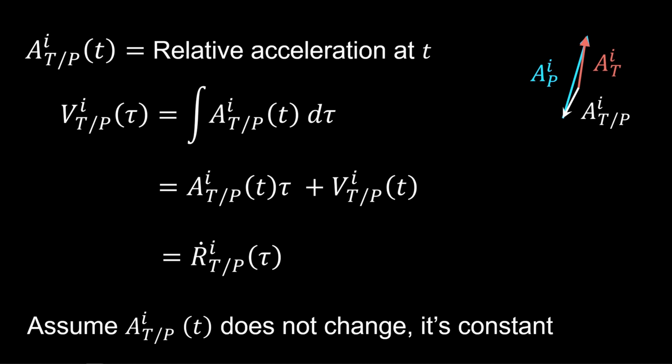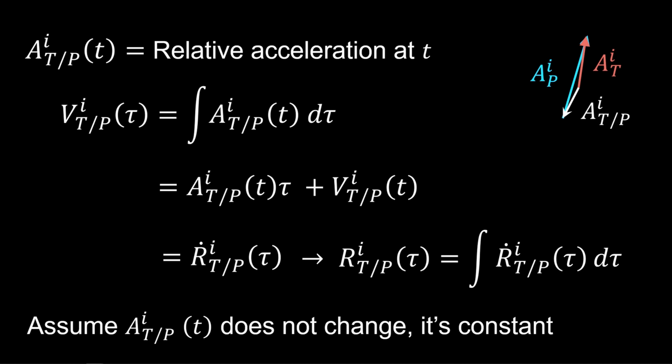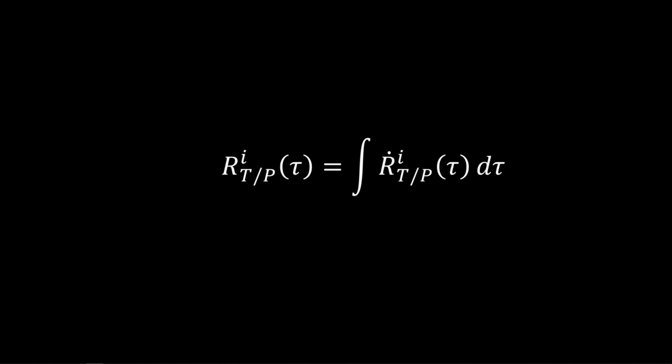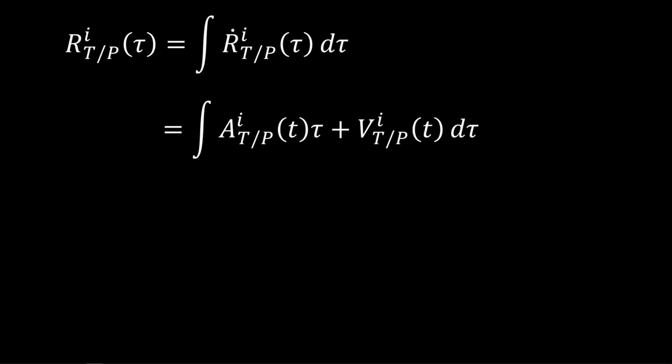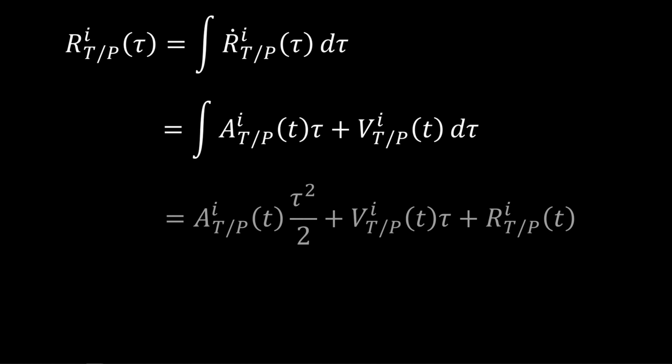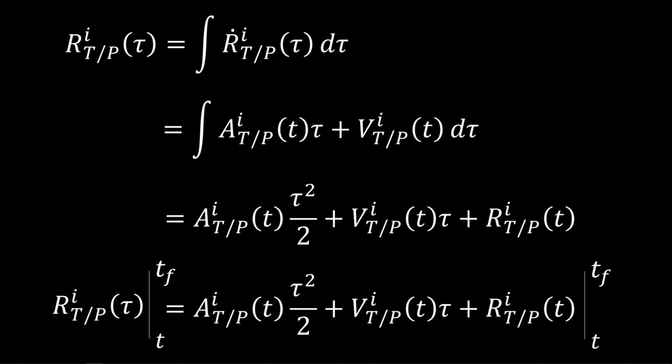We also note that relative velocity is the derivative of relative position. So we can get to relative position after elapsed time tau with one more integration. Substituting relative velocity as a function of tau in for r dot, we get then a quadratic formula in terms of tau. Now, evaluate relative position after time has elapsed from the present time t to the final time tf.